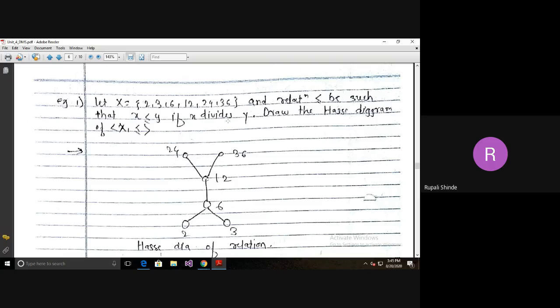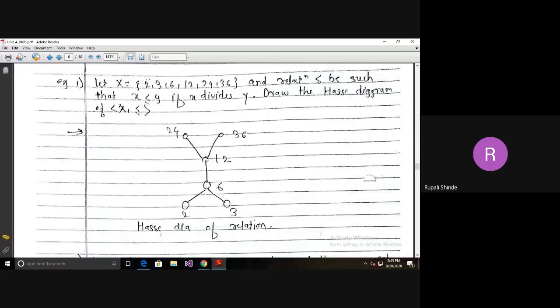So this is the given condition, that is, x divides y. So draw the Hasse diagram for this partially ordered relation. Now we have to represent this relation by a diagram, and that diagram is a Hasse diagram.